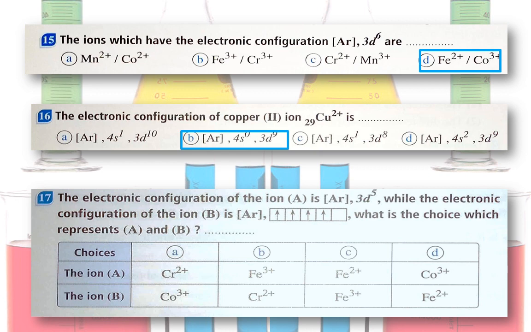Here we have a half-filled d sublevel, and another one containing 4 electrons. It means that the first will be iron plus 3, and the other one will be chromium plus 2, or oxidation number 2.